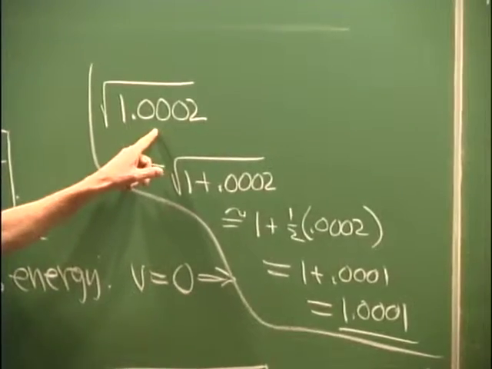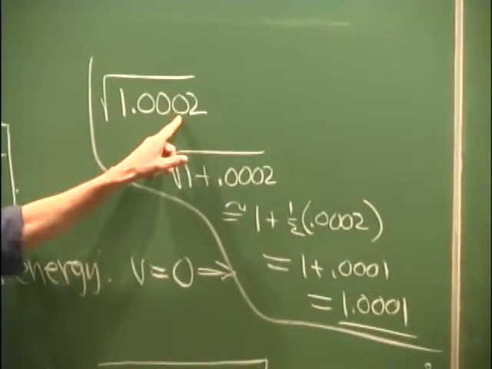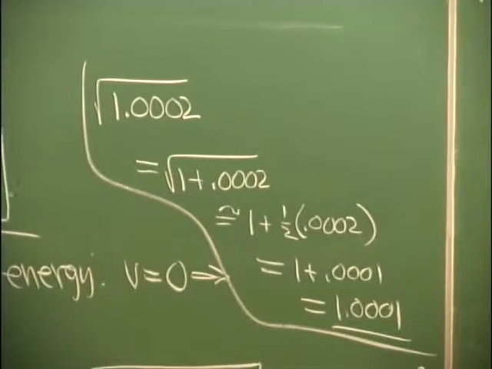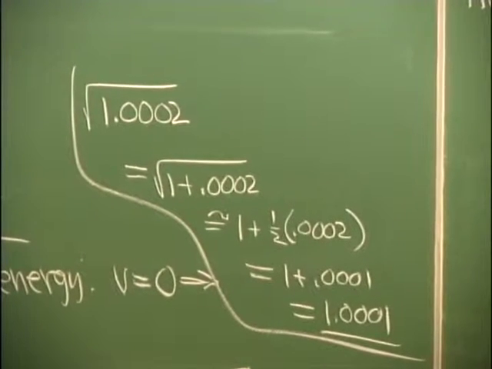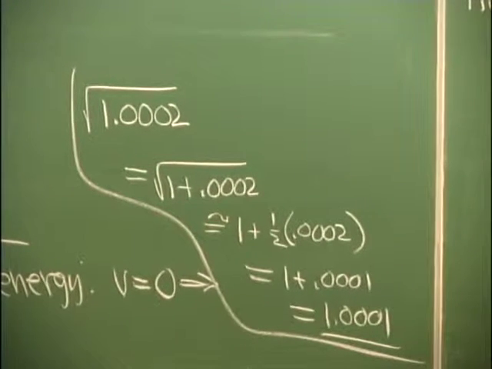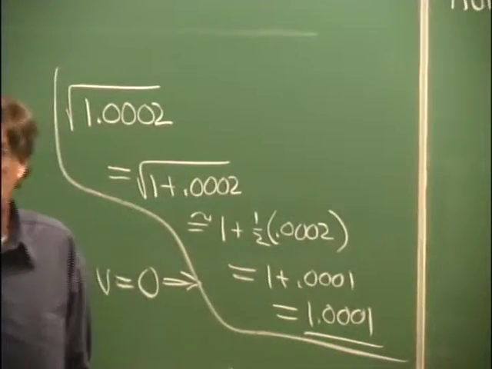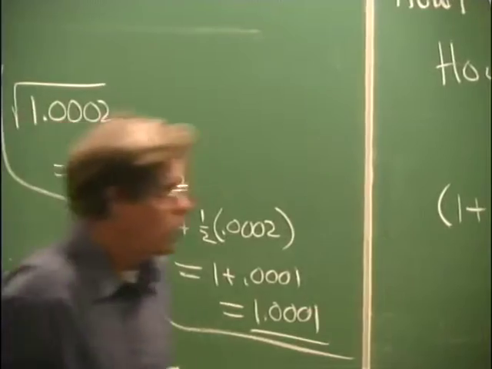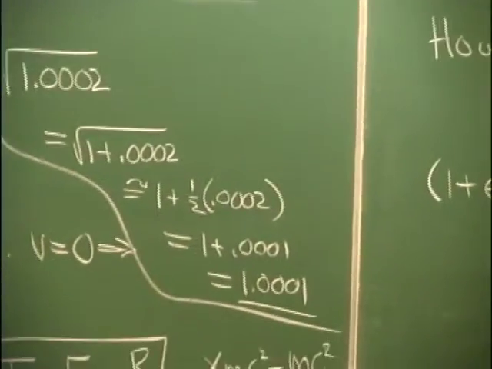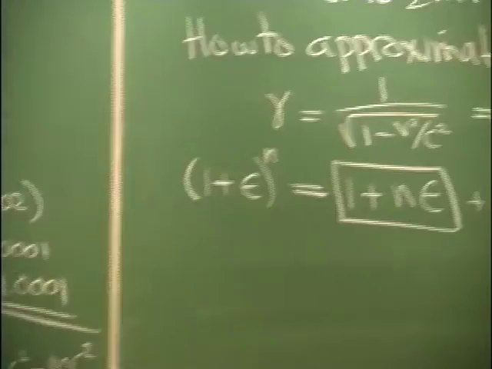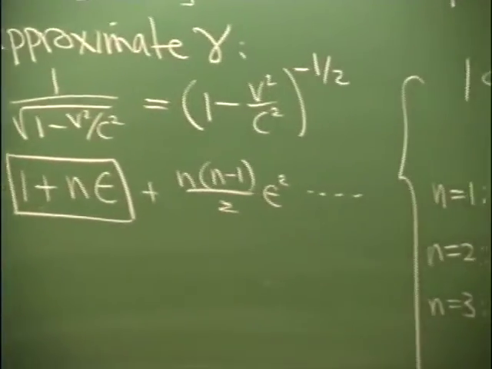Punch in your calculator. Punch in 1.0002, and you will get 1.0001, 0.0000, and then some other junk way down at the far end of the scale. But basically, it's 1.0001. See how it goes? Now, what we want in this case is n equals minus 1/2. That's what I want to approximate gamma.